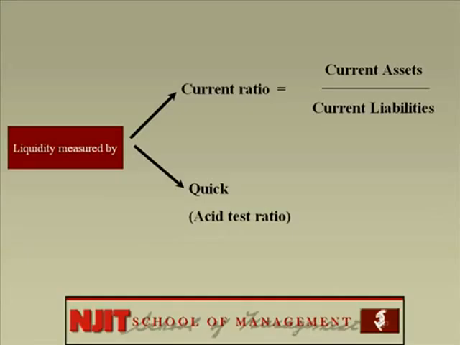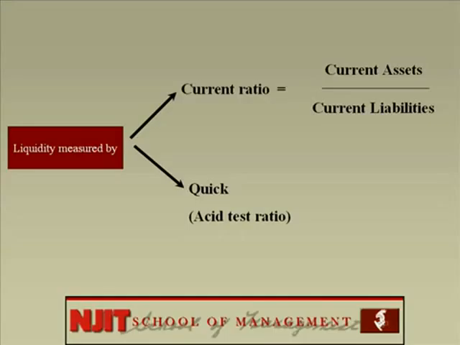When a loan officer examines the current ratio and concludes that it's not very healthy, guess what? They are not going to give you a loan, because their attitude is, hey, if you can't pay off your existing creditors, how can you pay us off if we give you a loan?